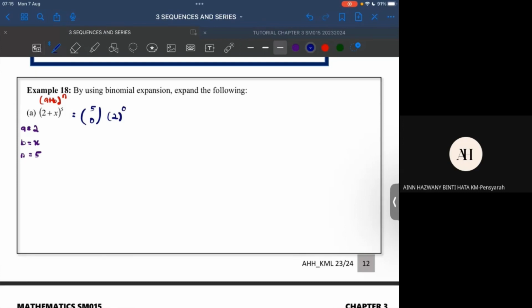B kita ialah X to the power of 0, 5. Okay, so ini start dia. NC0, A power N, B power 0. So substitutekanlah A kita tadi 2, N kita 5, B kita X, 0, 0 lah.